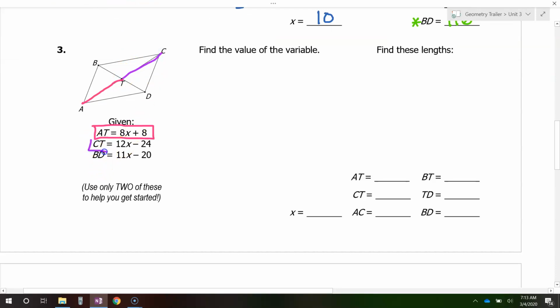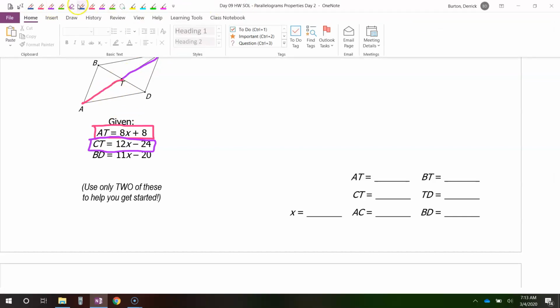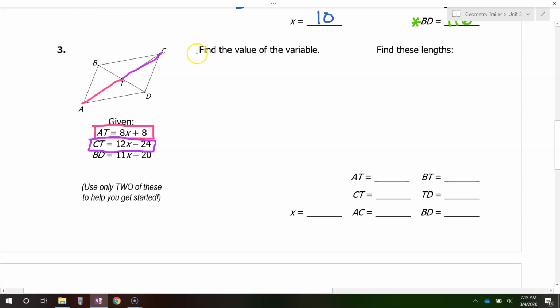I think that's enough to get started, because those two should be equal. They are both halves. So this is a half equals half type situation. Okay, half equals half. So that means we should be able to write 12x minus 24 equals 8x plus 8.